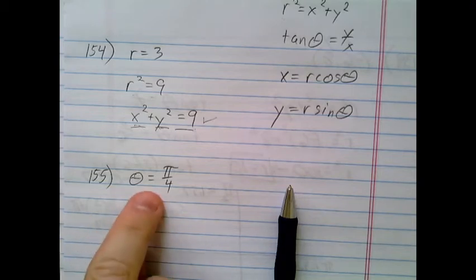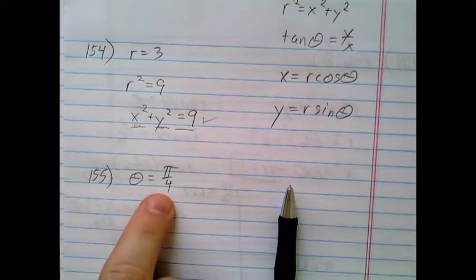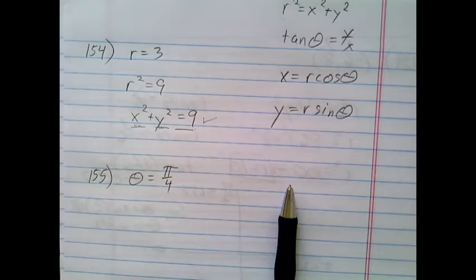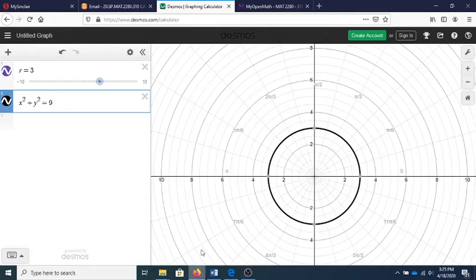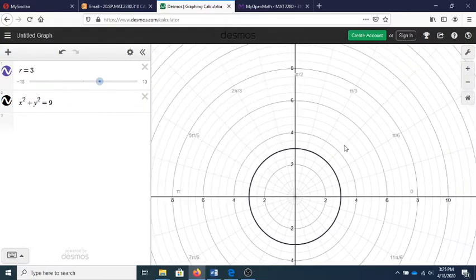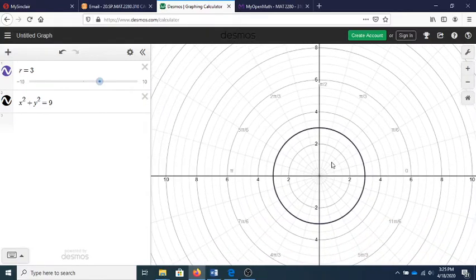This is a polar equation where theta is fixed at pi over 4, so even without drawing it, I could figure out what it looks like just by thinking about it. If theta is fixed at pi over 4, that means I'm fixed on this radial line. But then r can be anything since it's not even in the equation. It means I could be on any of the circles, but I have to be on this radial line.